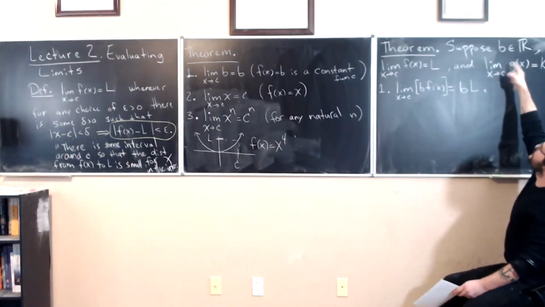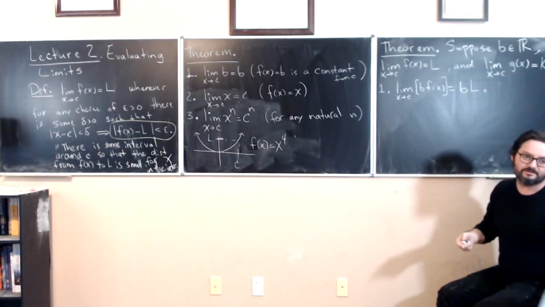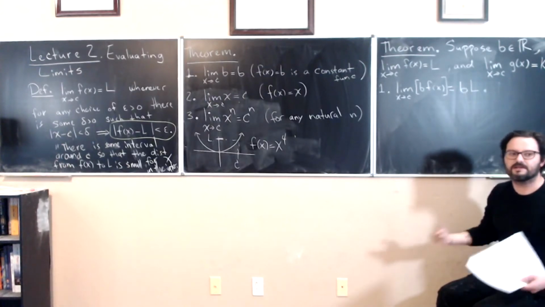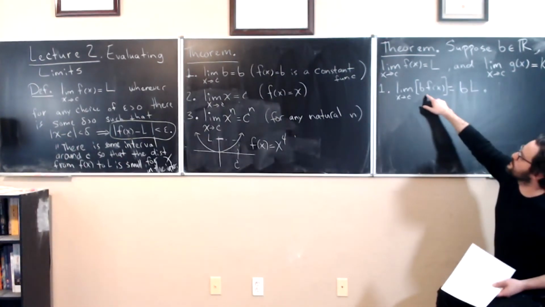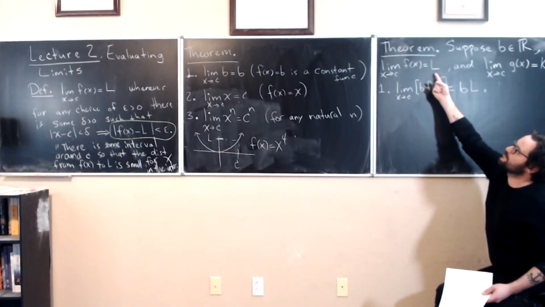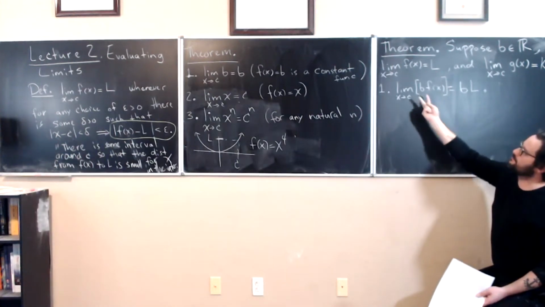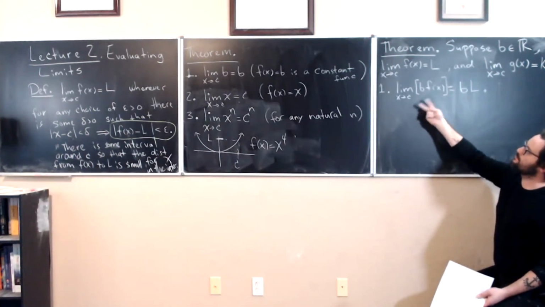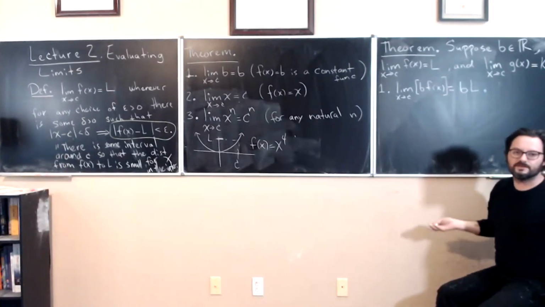Whenever you see that b is a real number multiplying something, it's typically called a scalar. It's scaling the value. So you're scaling the function f, which we're assuming converges to some number L. And if we do that, then taking the limit of that scaled version is just the scaling of the limit.